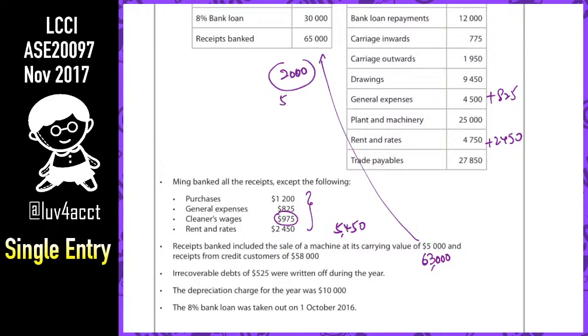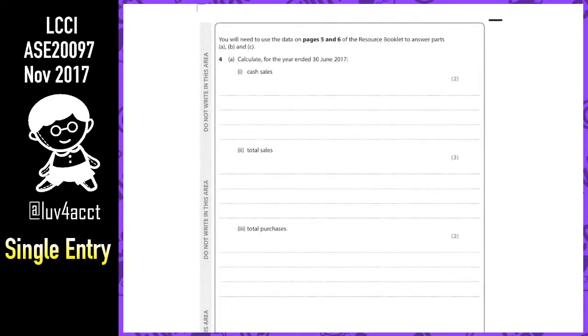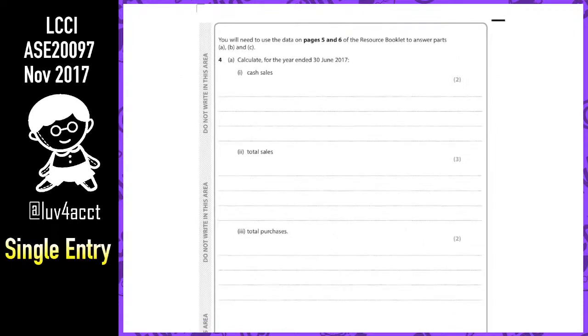For cash sales, we have this 5,450 unbanked revenue plus 2,000.